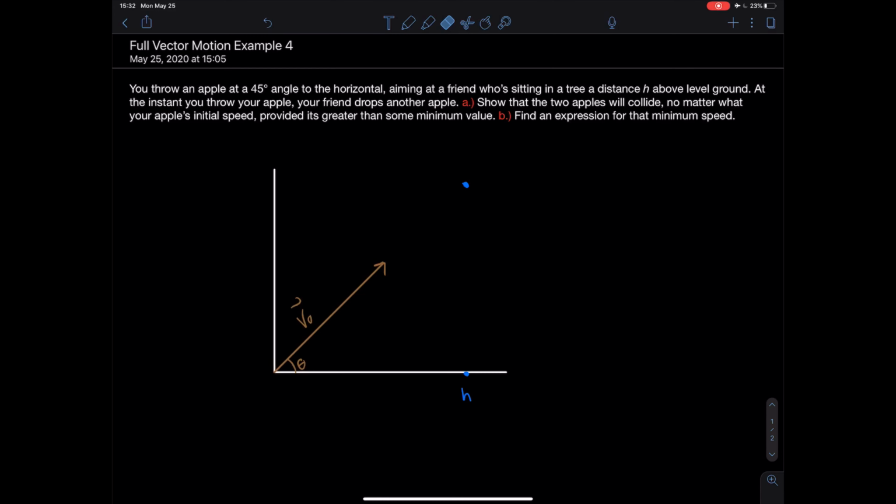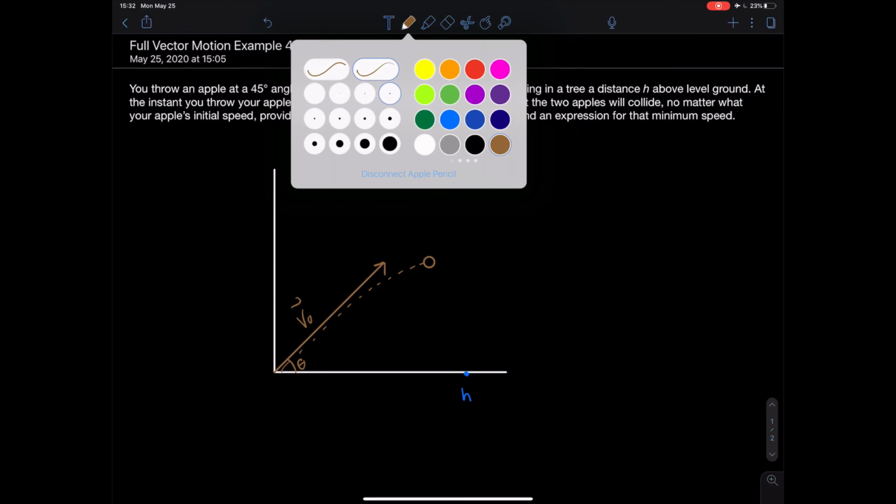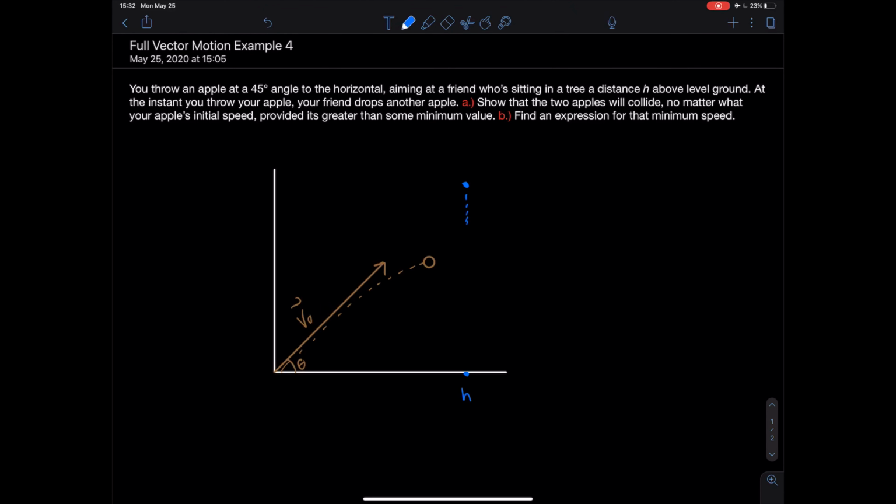And we won't draw the tree or anything, but basically you throw an apple that has some path like this, and then he drops one that has some path like this. And what we're trying to show is that they will collide no matter how fast you throw your apple.